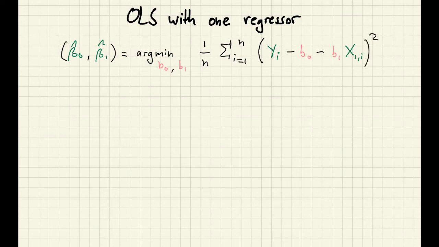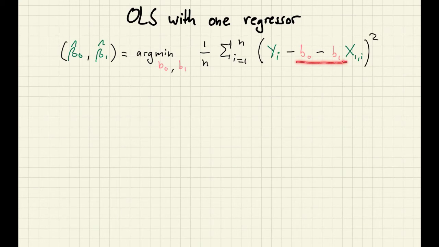This expression reads as follows. We take B0, B1. Those are candidate values for beta naught hat and beta 1 hat. Now we'll take the regression curve that would prevail if B0 and B1 were our correct coefficient values.